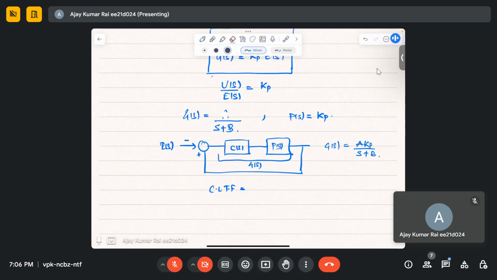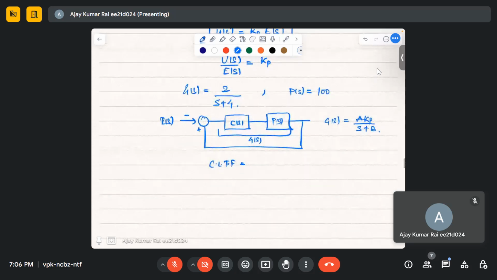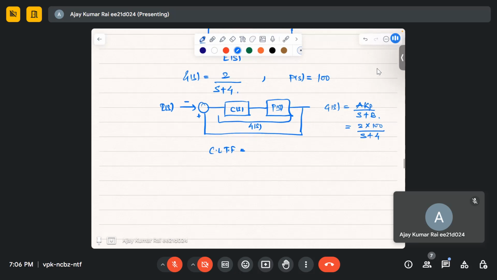Let me replace a with some values like 2, p as 4, and Kp as 100, all real values. So a is 2 into 100, plus 4, just arbitrary values. So you know the closed loop transfer function is this, right?